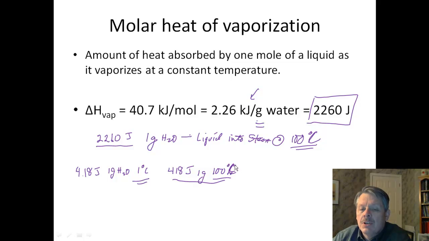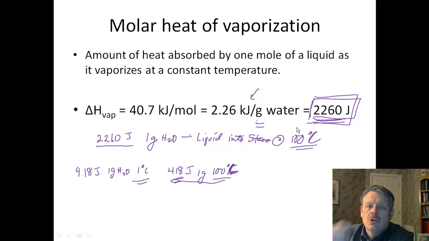And look, that's 2,000 joules. So it's like 5.5 times more energy to take 1 gram of water and boil it than it does to raise the temperature all the way from just above freezing to where it's ready to boil. It takes almost between 5 and 6 times more to boil it.